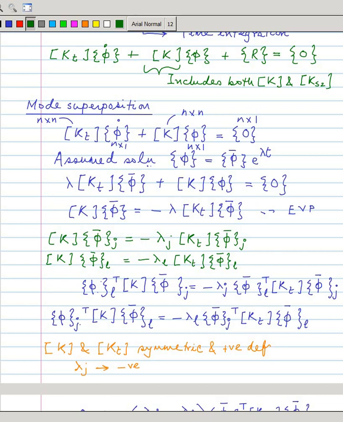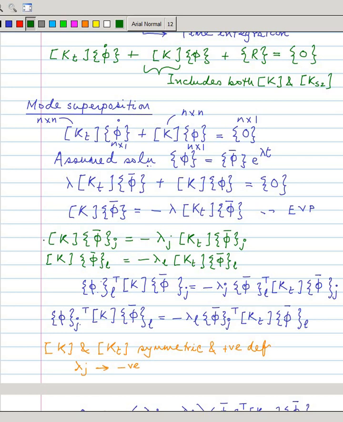So there are n eigenpairs, that is n eigenvectors and n eigenvalues. So this is the eigen problem, and suppose phi bar j is the eigenvector, then corresponding eigenvalue is lambda j.